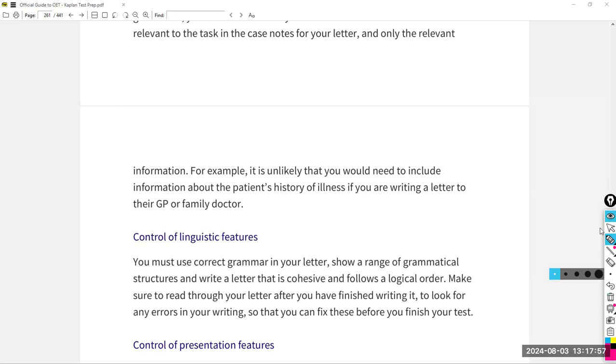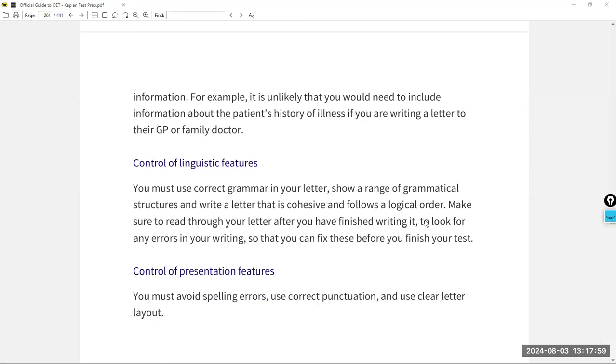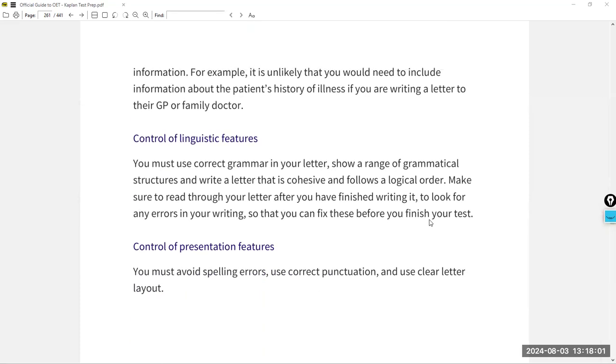Now, what about control of linguistic features? You must use correct grammar, please, in your letter. In your letter, you have to show a range of grammatical structures and write a letter that is cohesive and follows a logical order. Let's talk about this.